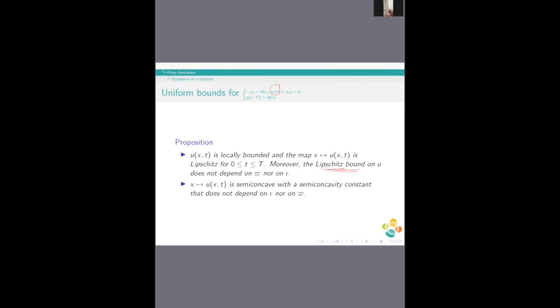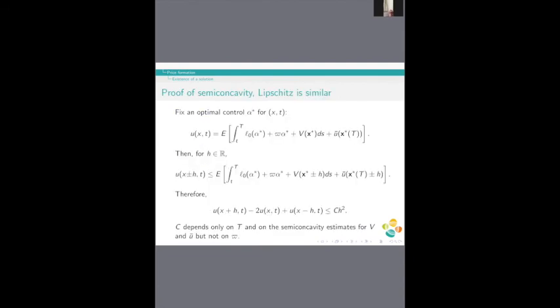So if the price is bounded, let's say you have a bound for U, and uniformly in the price, you have Lipschitz bounds on U and semi-concavity bounds which are uniform in the price also. And this is a very nice trick in control theory for Lipschitz and semi-concavity, for example. The idea is that U is a solution of a control problem.